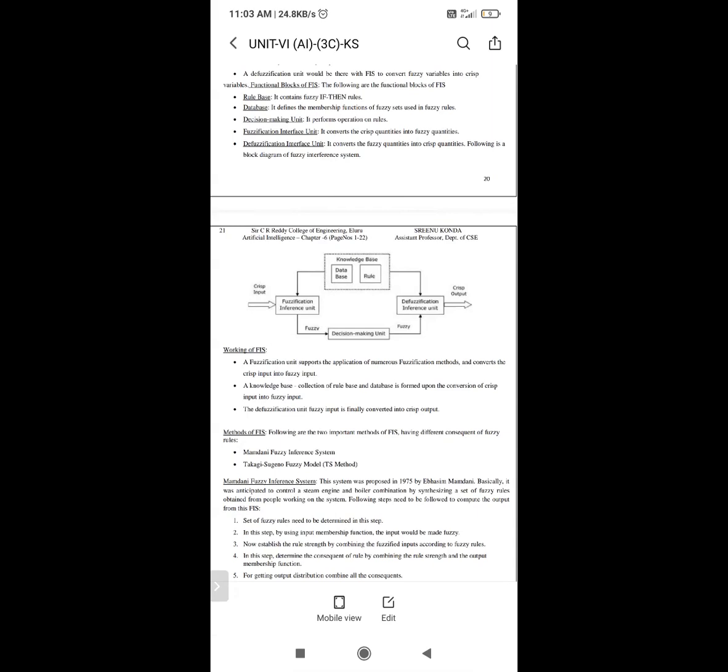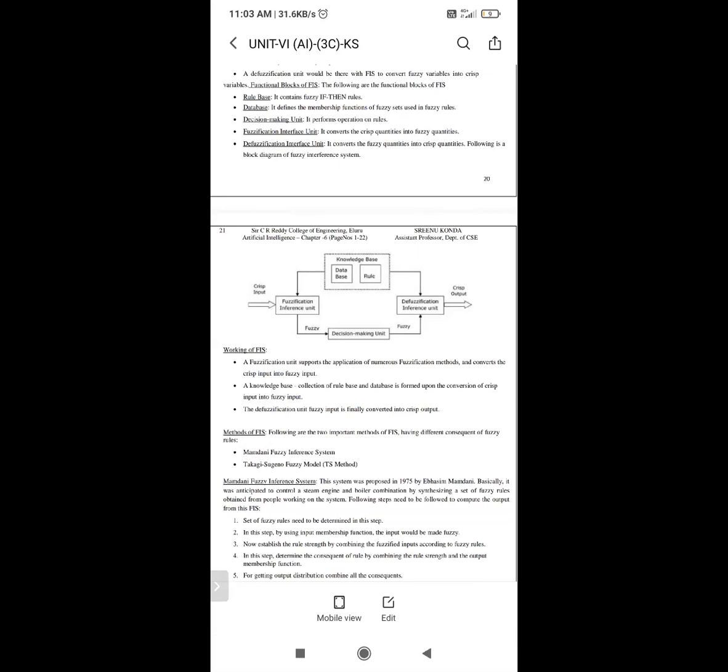Next one, knowledge base. The knowledge base is a collection of rule base and database that is formed upon the conversion of crisp input to fuzzy input. In order to convert the crisp input into fuzzy input, the fuzzification unit takes the values or the methods from the knowledge base only.